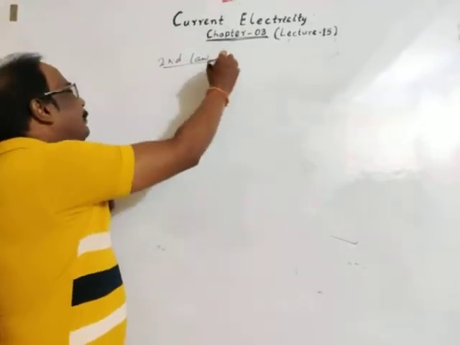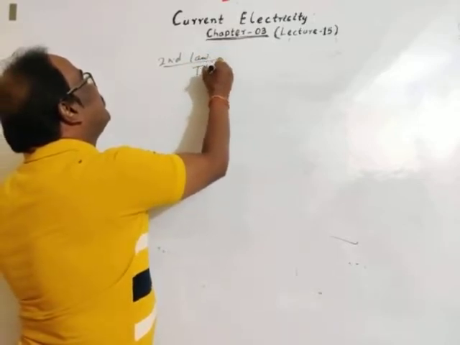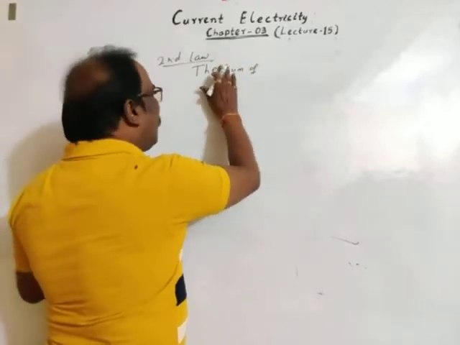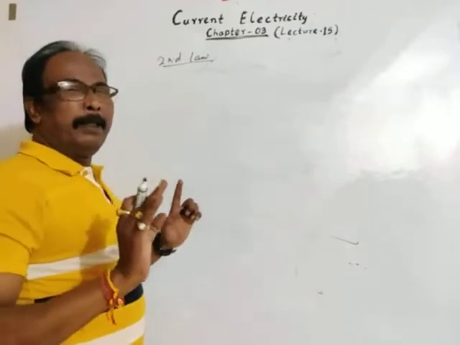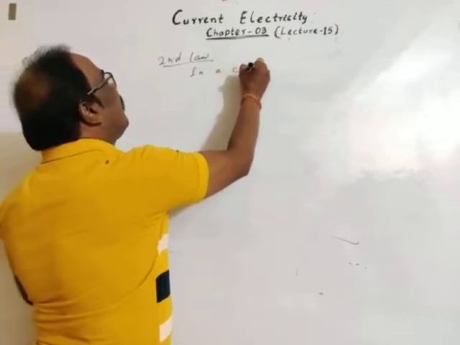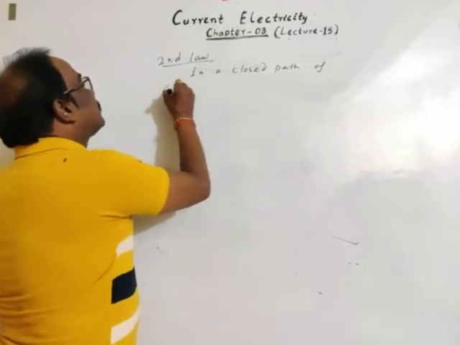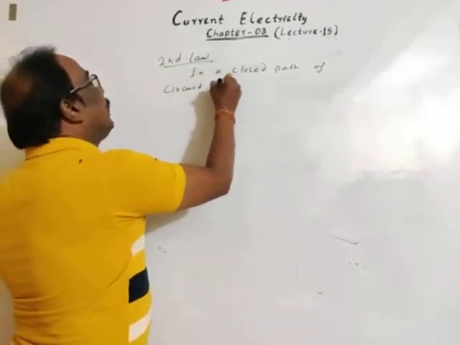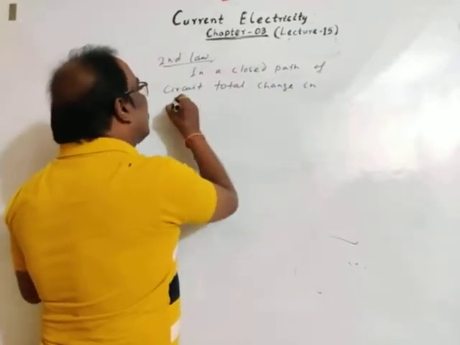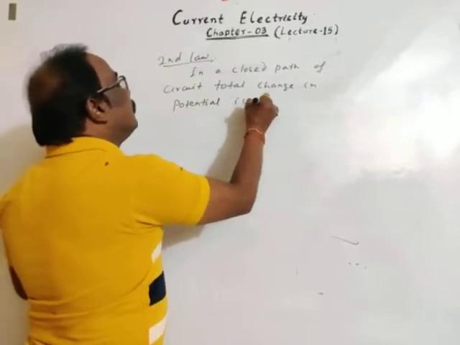According to Kirchhoff's second law, to think in a simpler way, in a closed path of a circuit, the total change in potential is zero.